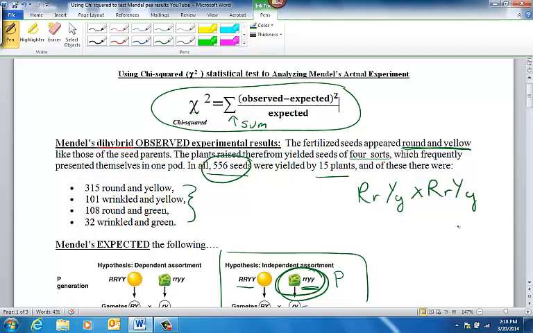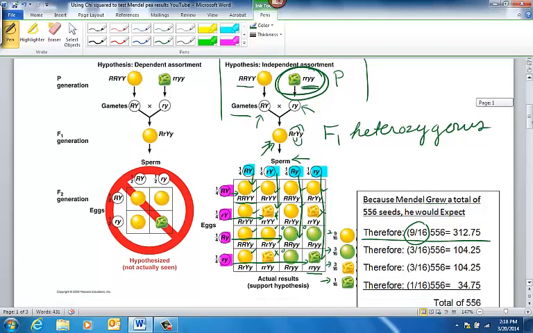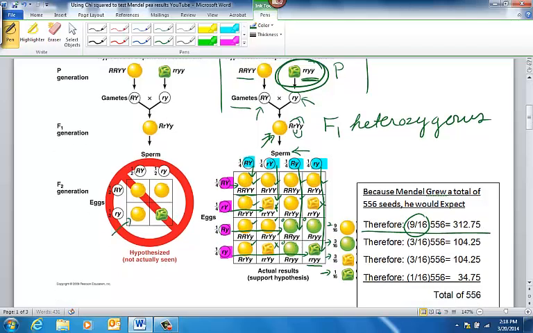Okay. But he didn't know, did the big R's and big Y's have to stay together? Did the little r, little y's have to stay together? If so, the only offspring you would produce would be round yellow or wrinkled green, and no new combinations like this wrinkled yellow or this round green.